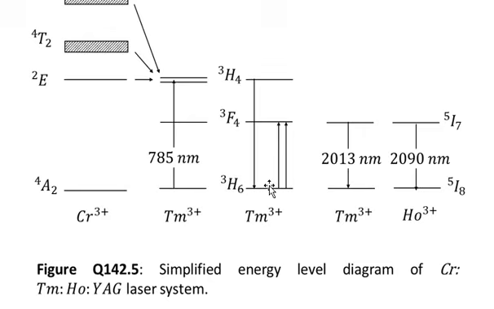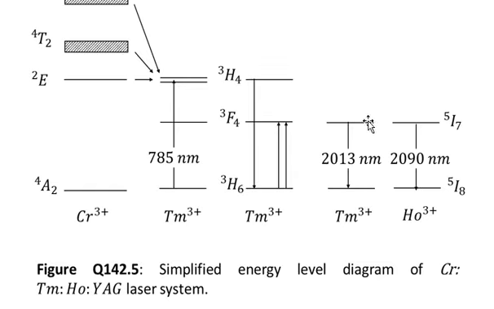So you see that in this process we can also excite the 3F4 level using the pumping mechanism, and a wavelength of 2013 nanometers can be used to raise the thulium ion from its ground state 3H6 to its first excited state, which is 3F4, as shown over here.